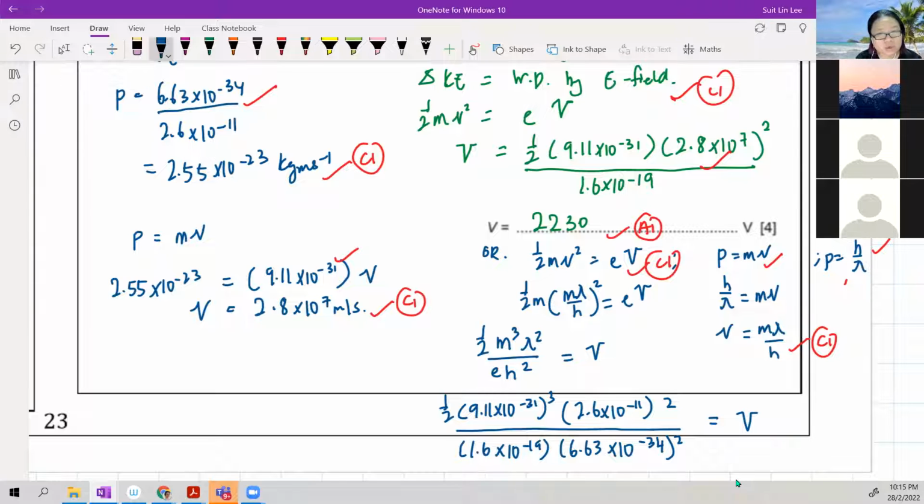Sometimes when your number is too big, your calculator cannot handle, because there are too many prefixes lying around.